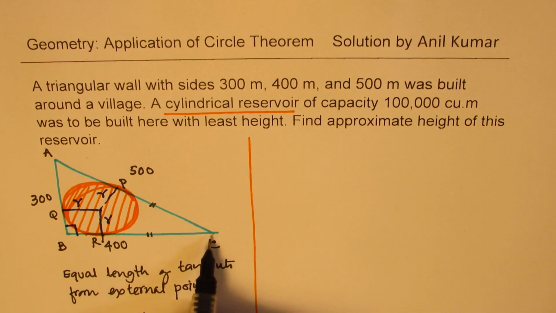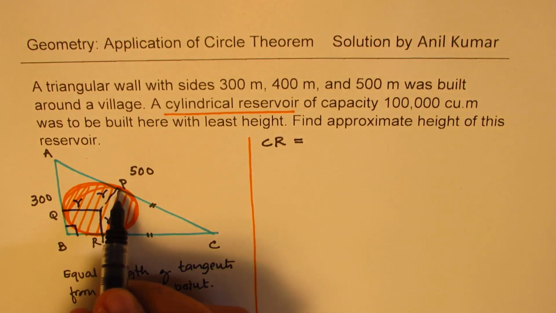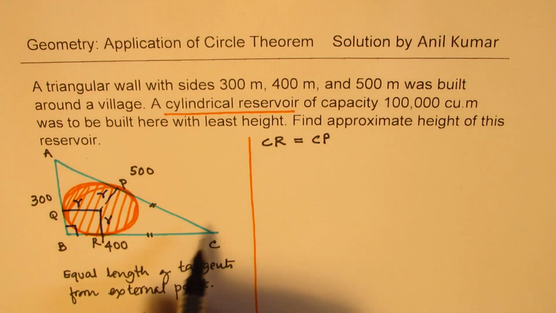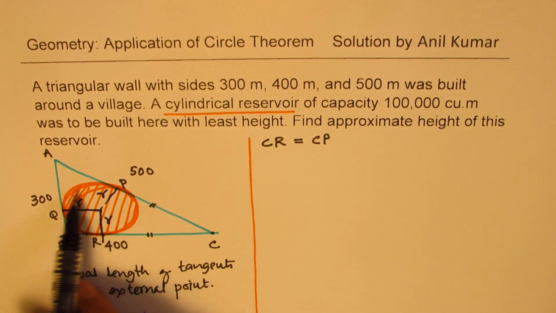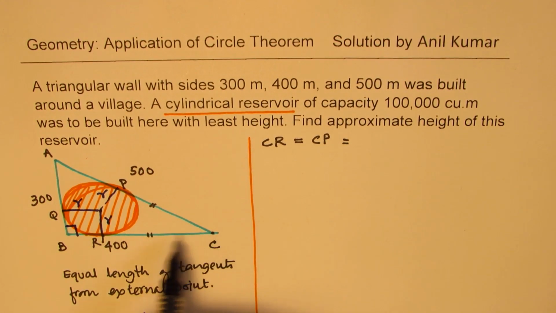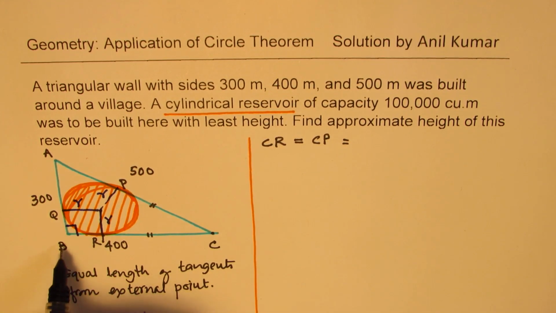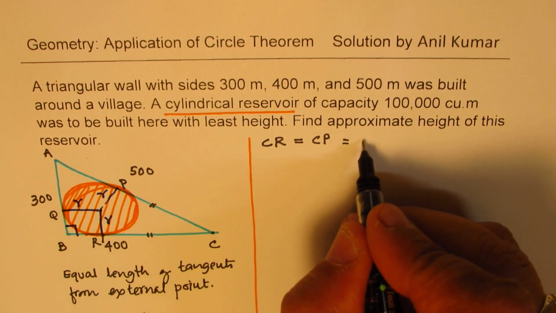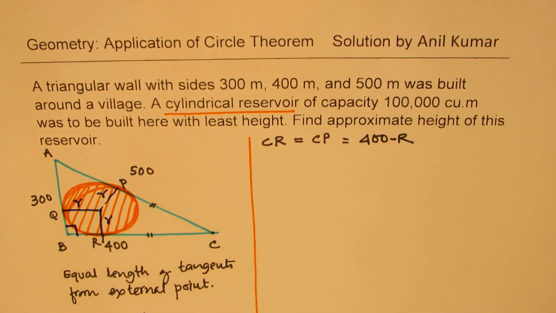So we know that C to R should be equal to C to P, since C is the point from where two tangents are drawn to the same circle. And how much can this be? Well, C to R is 400 minus R, correct?